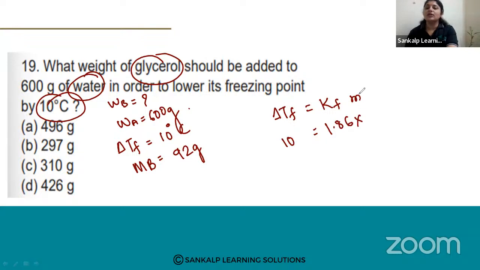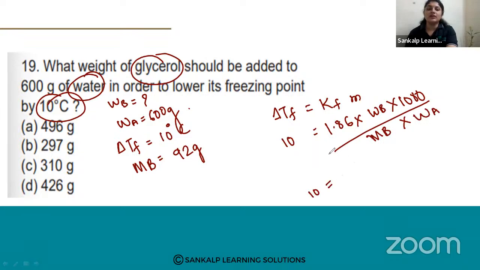Molality is given weight upon molecular weight. So weight of the solute WB into 1000, divided by molecular weight of solute into weight of the solvent. So this is the formula.